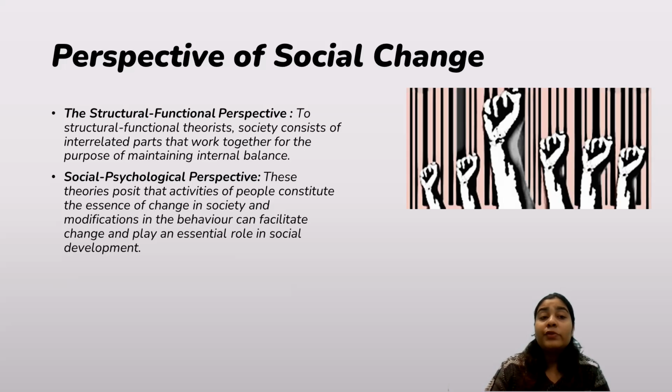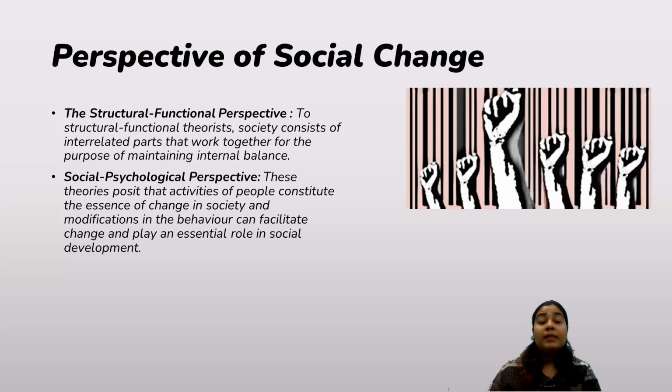So they say that society can modify and make certain changes in the behavior of individuals. Feelings and thoughts can be modulated, and these changes can facilitate change, and this whole narrative can play an essential role in the social development of an individual as well as the whole society.